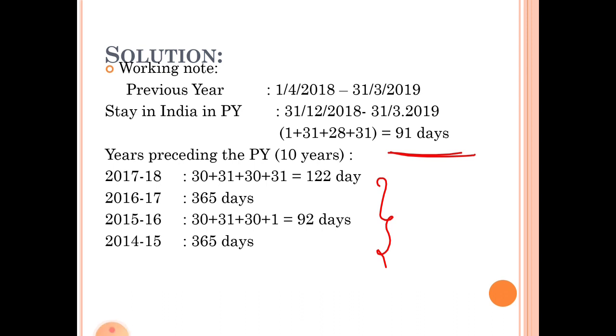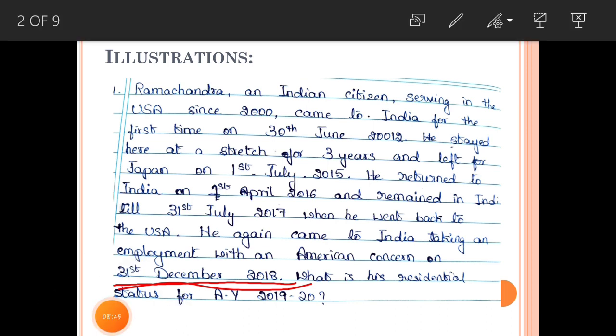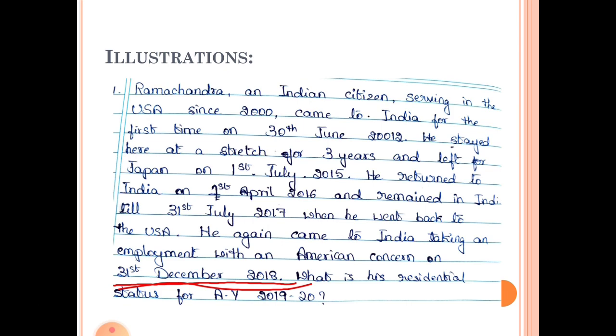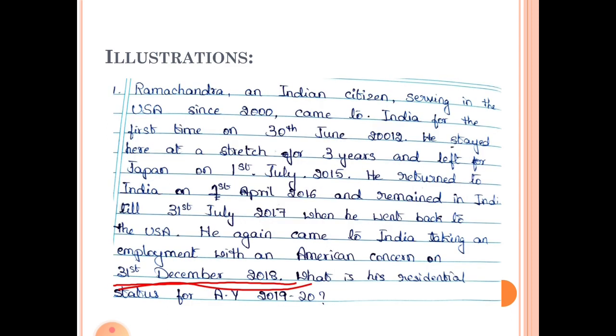And in 2015-16, before leaving to Japan, he stayed in India for 3 months, that is from 1st April to 30th of June and 1 day in July.